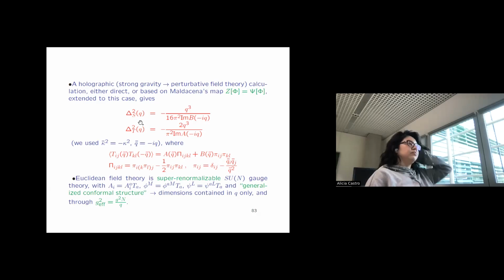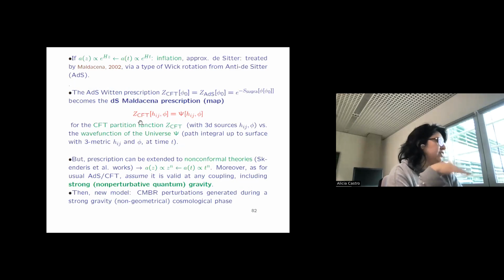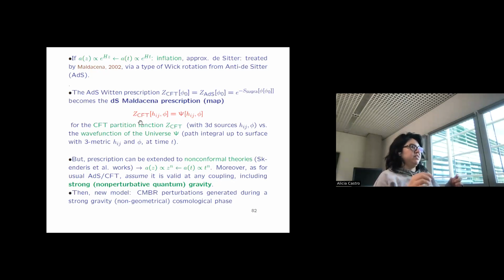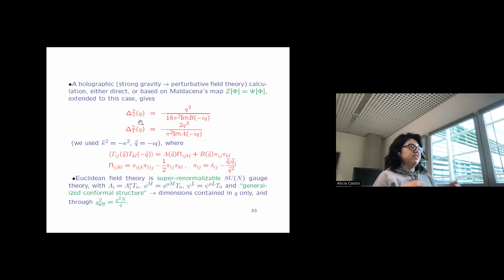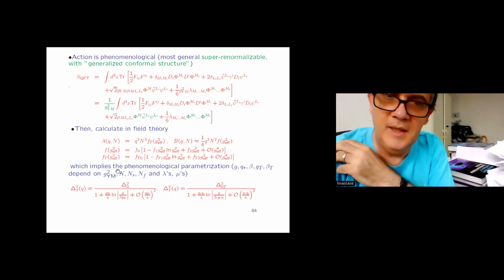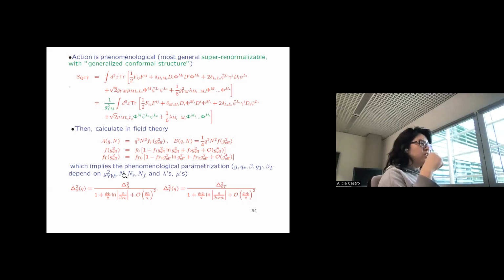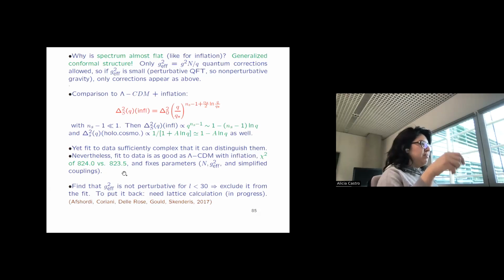Okay. And also here, I think in the next slide, you get the ratio of the scalar perturbations for this generalized conformal structure. Yes, and in the next one, when you're comparing it to lambda CDM.